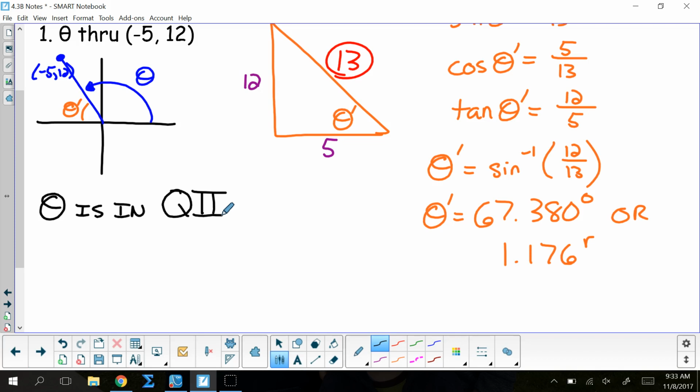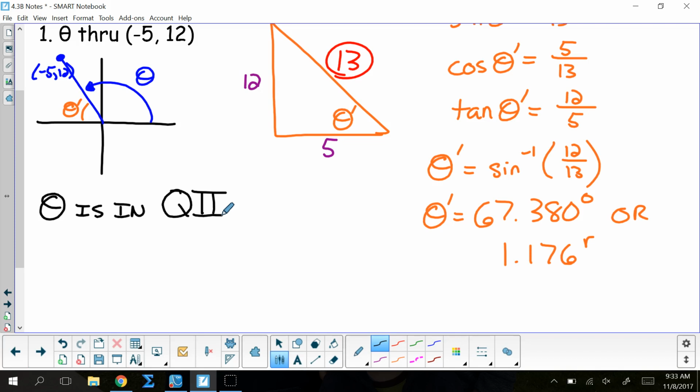The cosine's negative in quadrant number 2. What else? Sine is positive. What else? Tangent's negative. And then likewise the other three, so if cosine is negative, that means secant's negative.